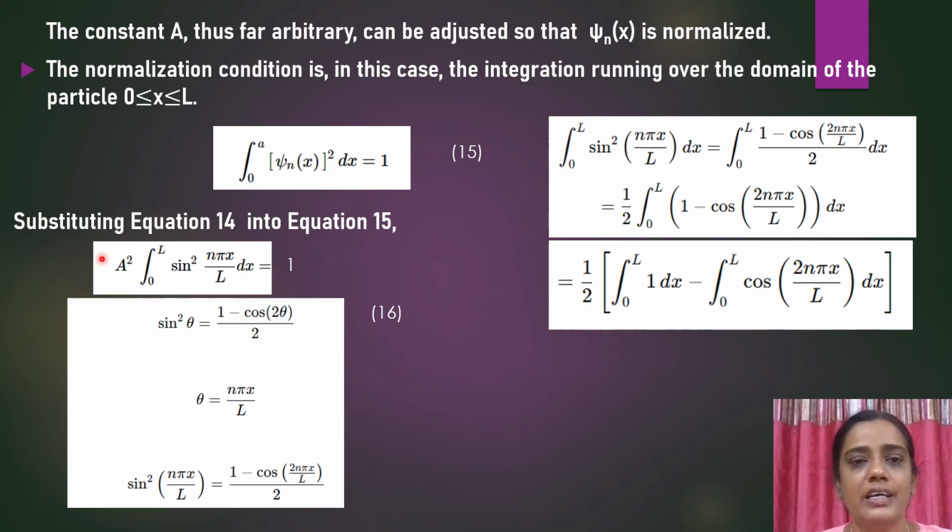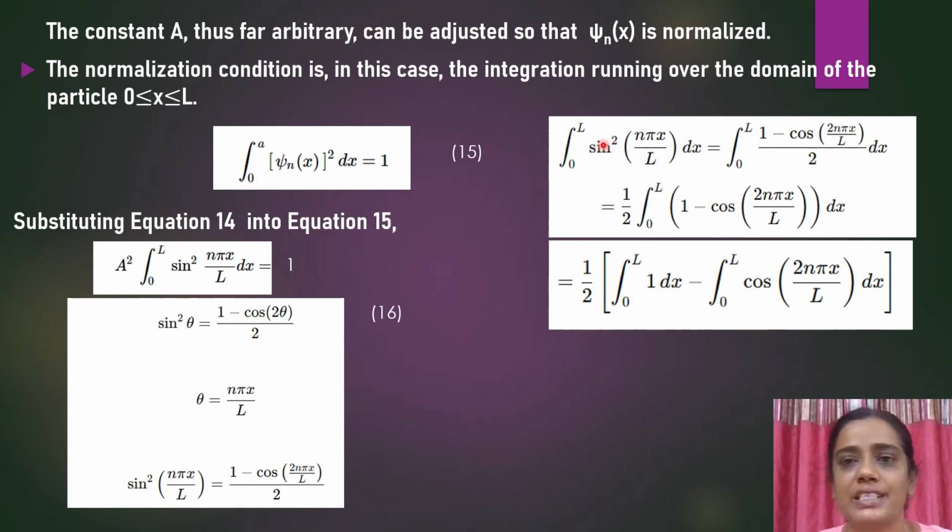Now let us take sin squared theta. You know sin squared theta can be written as 1 minus cos 2 theta by 2, where in our case theta stands for n pi x by L. So in place of theta, when we substitute n pi x by L, it becomes 1 minus cos 2 n pi x by L divided by 2.